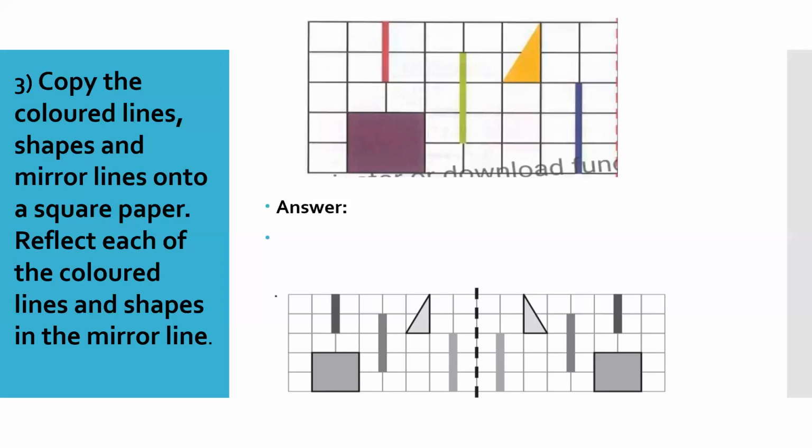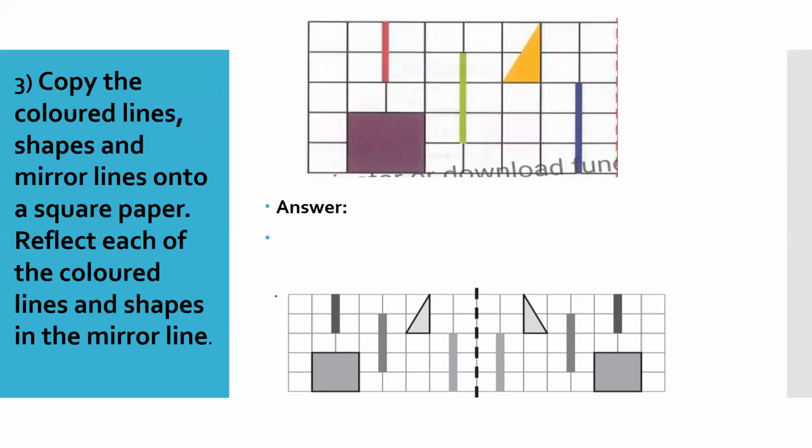Translation means moving an object from one place to another in a straight line, while reflection means moving an object from one place to another in a flipped way, in a mirror line, without rotating. So for reflection, just keep in mind the word flipping so that you can easily find the answers when a question comes in connection with reflection.